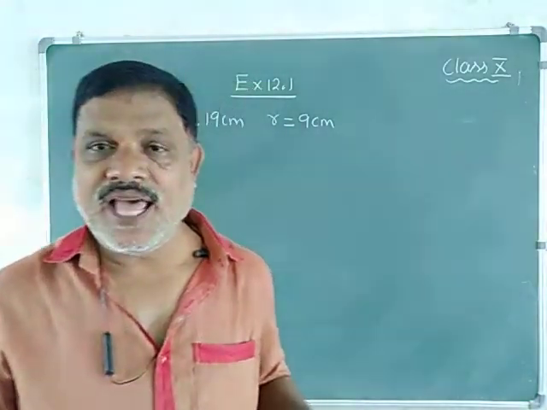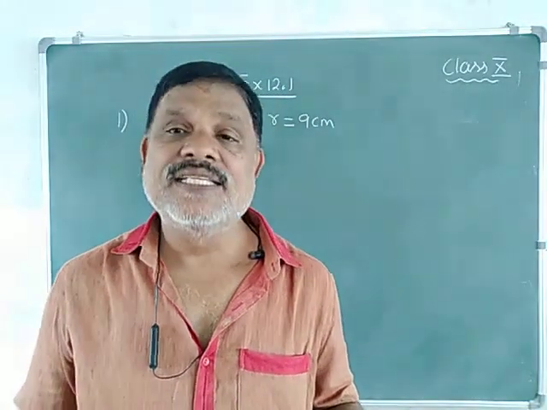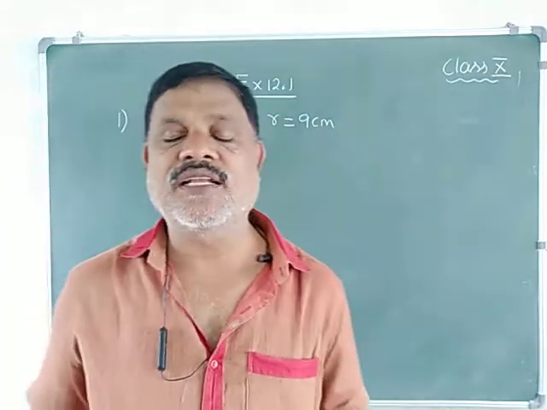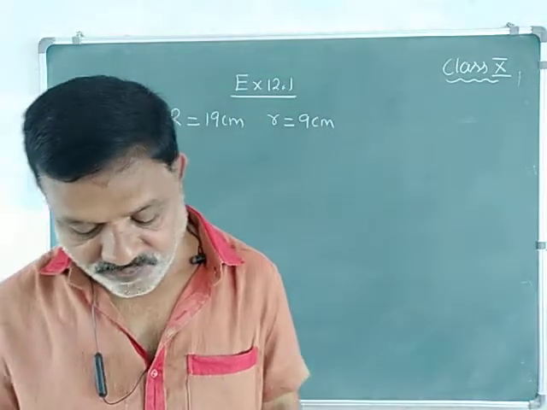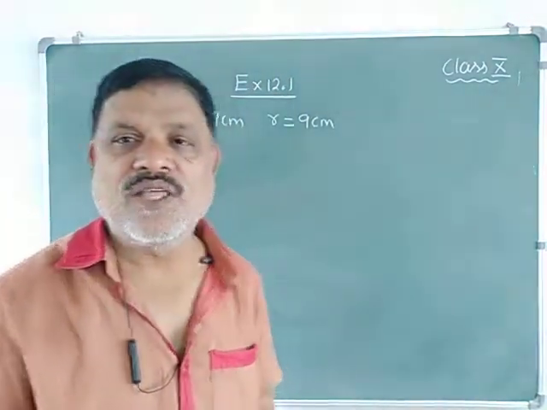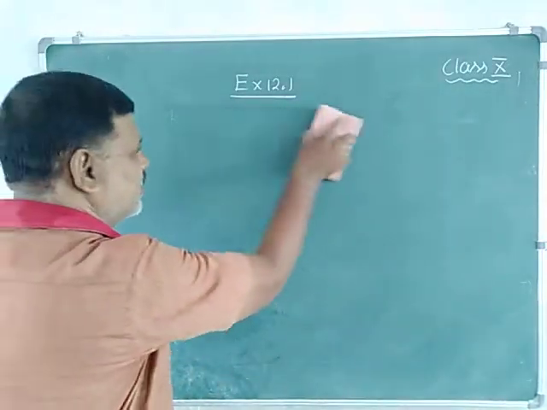We have to find the radius of the circle which has circumference equal to the sum of the circumferences of the two circles. So here we are going to change the notation.